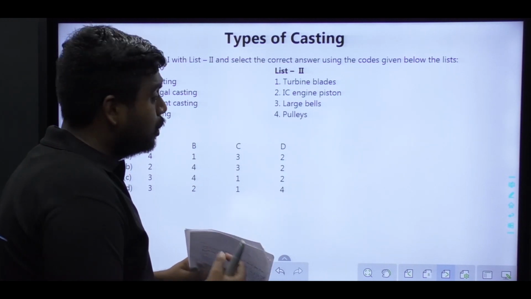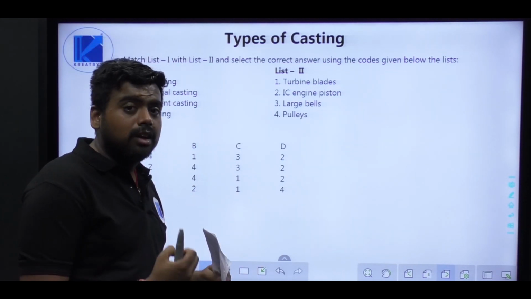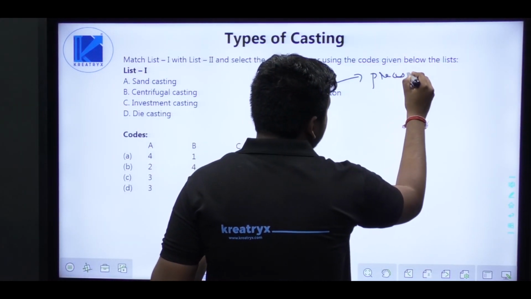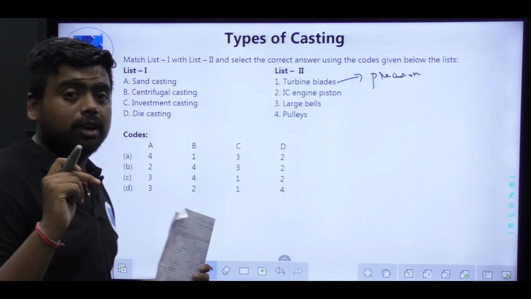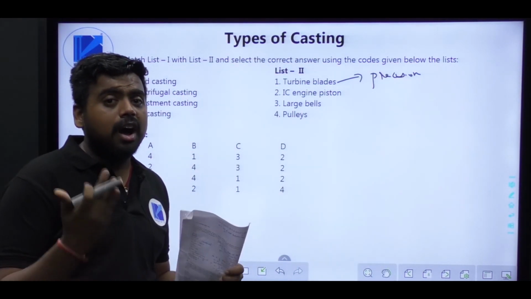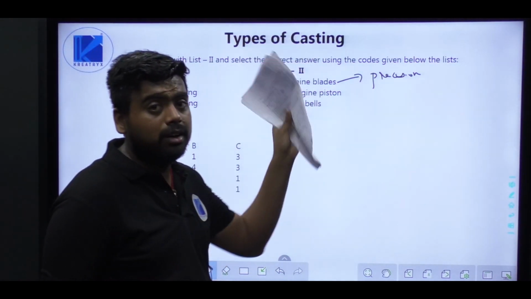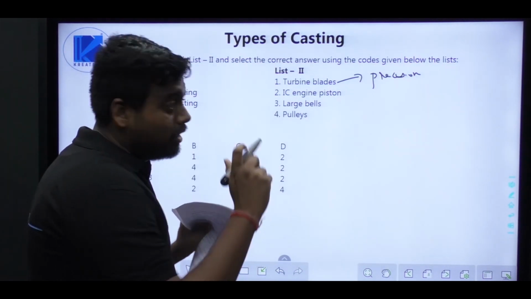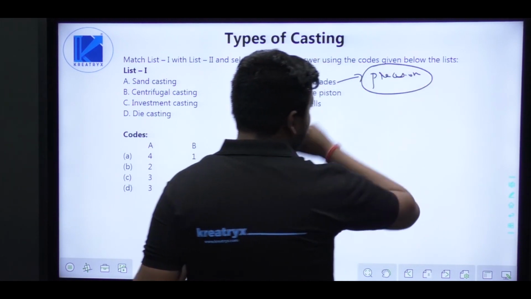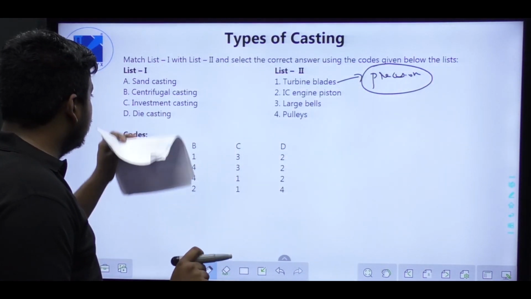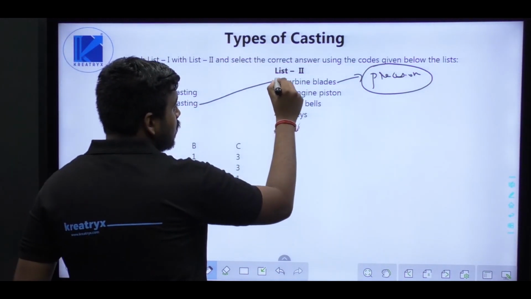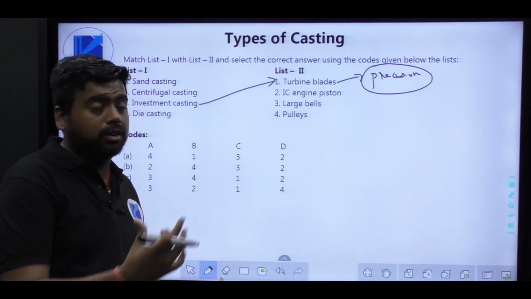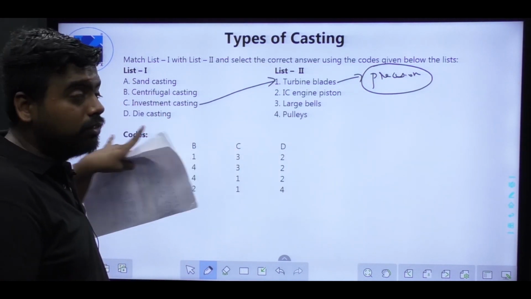Turbine blades require very high precision casting, and they undergo a phenomenon of creep, that is, very high thermal stresses are generated in turbine blades, especially in the case of gas turbines. Since they require such high precision of manufacturing, they are manufactured through investment casting, because investment casting is the only casting method through which we can make very high precision products. So turbine blades are manufactured through investment casting.